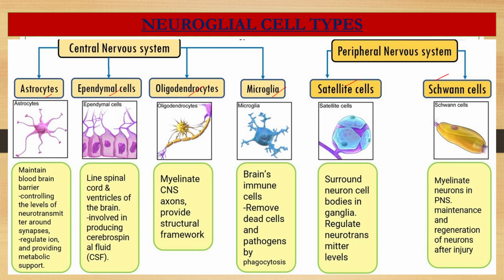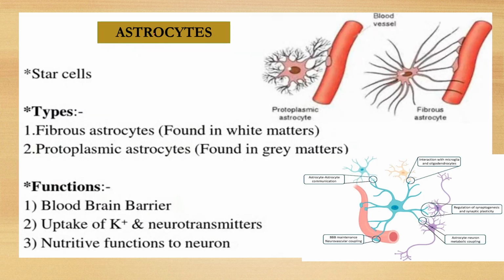First is astrocytes. Astrocytes are star-shaped, and they are mainly present as the blood-brain barrier. Their function is to maintain the blood-brain barrier. As the name suggests, they have a star-like appearance, and these are of two types: the fibrous astrocytes and the protoplasmic astrocytes.